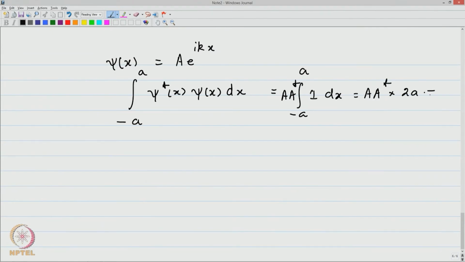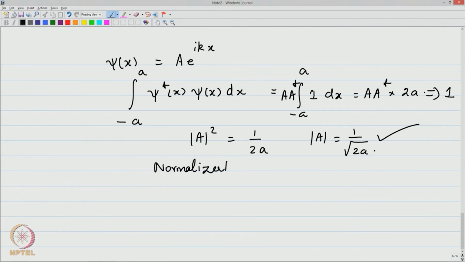And if that should be set equal to 1 for probability, then the absolute value of A squared is 1 by 2a, and therefore, the magnitude of A is 1 by square root of 2a. Okay. This is normalizable.